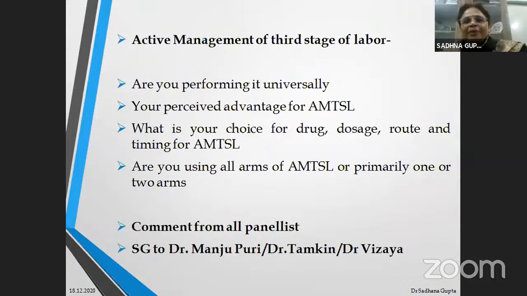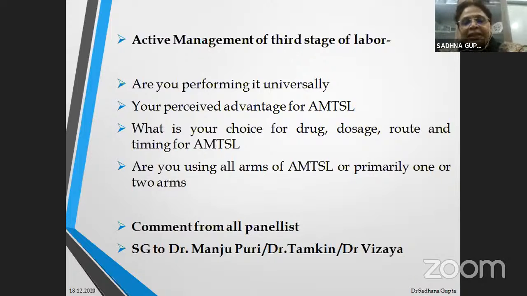So now we will go a little fast to active management of third stage of labor. When we did the Helping Mothers Survive program in 2013, it was alarming. We did a lot of programs in Delhi hospitals, from Lucknow to the small cities, and every unit, as the panelist was saying initially, had its own way of AMTSL.